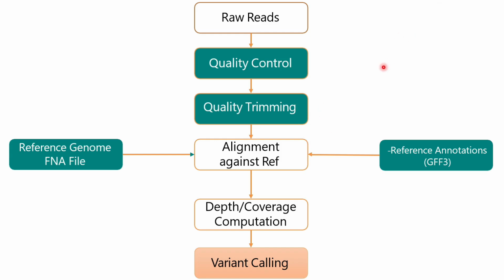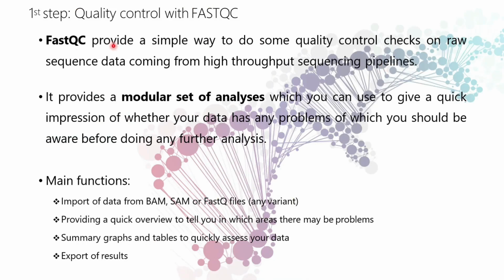So basically, what is quality control? FastQC is a tool that does quality control checks on raw sequence data coming from high throughput sequencing pipelines. It provides a modular set of analyses which can give us a quick impression of whether our data has any kind of problem, like whether it can be used for further analysis or not.